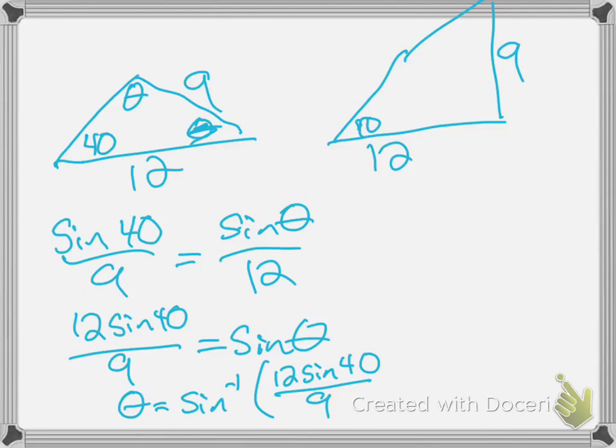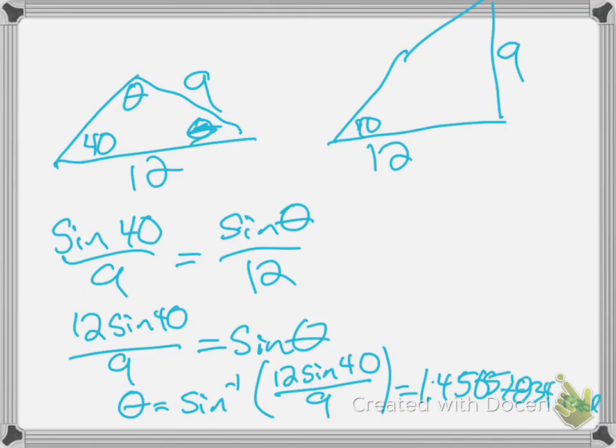So I don't know if my calculator can do this. Oh no, sorry, I was trying to use my iPhone for a calculator. So I'm going to do the arc sine of 12 times the sine of 40 divided by 9. And I'm just punching this into the computer, and I get theta equals 1.45657834 radians.